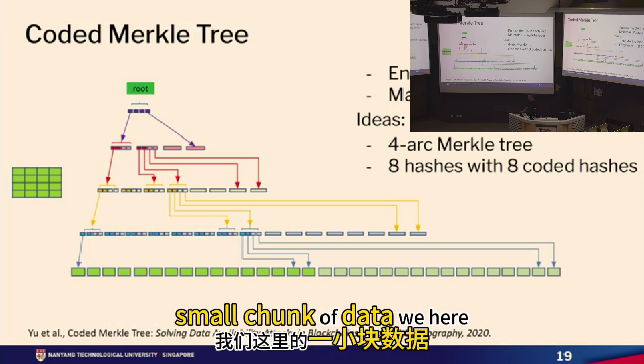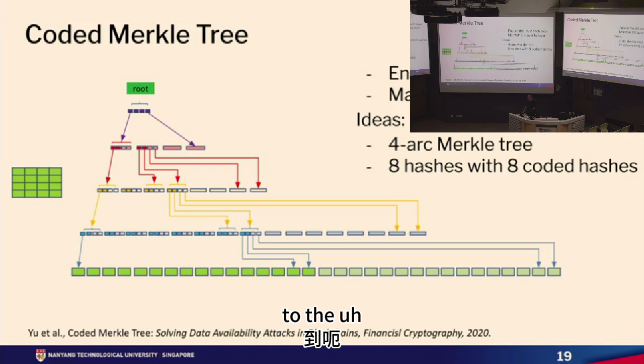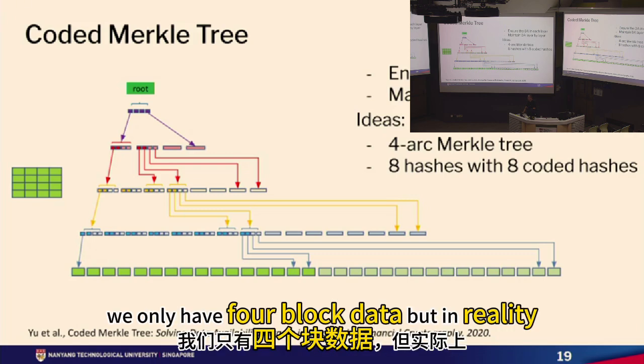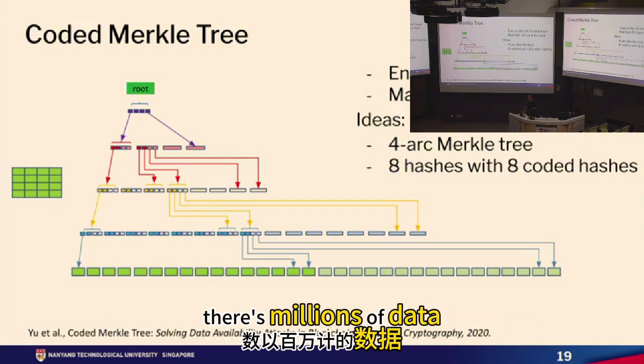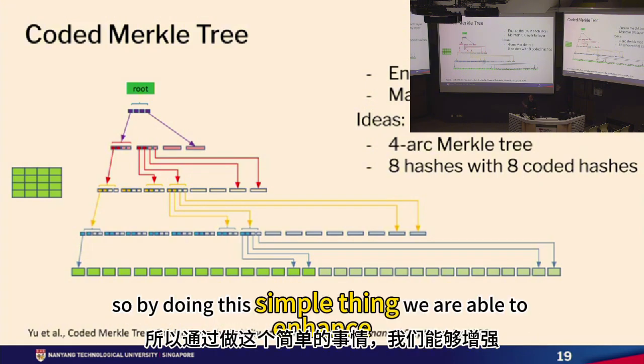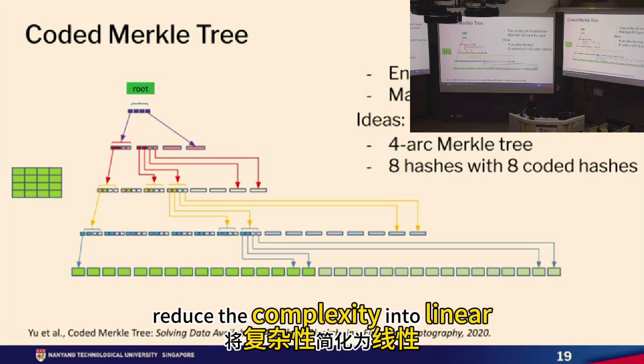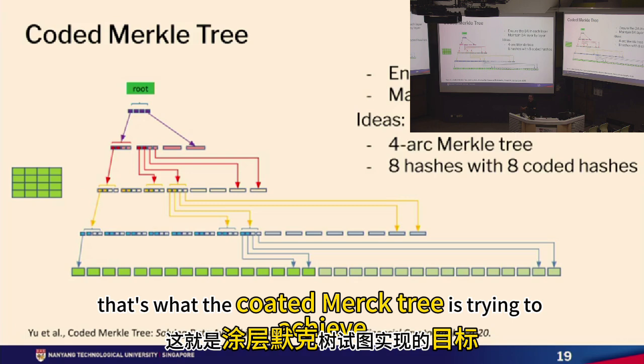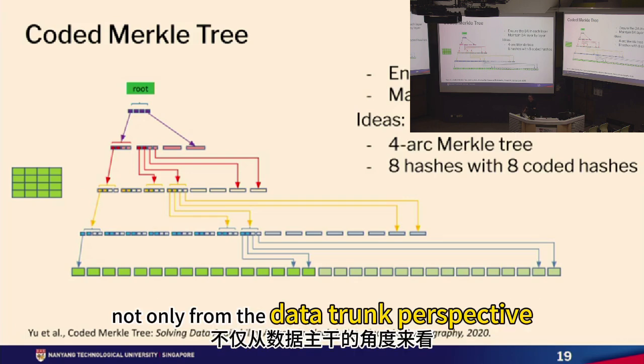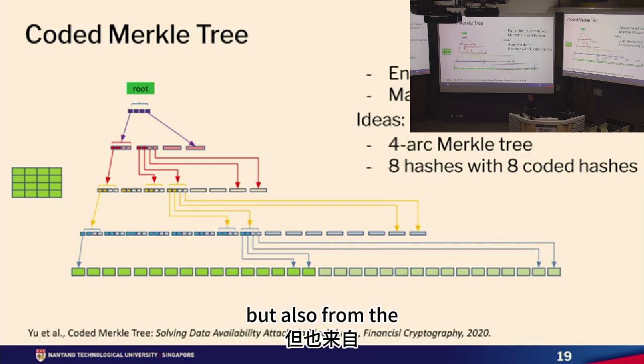To make it easier to understand we only have 4 data blocks here, but in reality there are millions of data blocks. By doing this simple thing, we are able to reduce the complexity to linear. That's what the coded Merkle tree is trying to achieve, not only from the data chunk perspective, but also from the hash availability perspective.